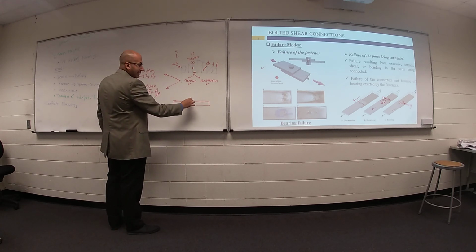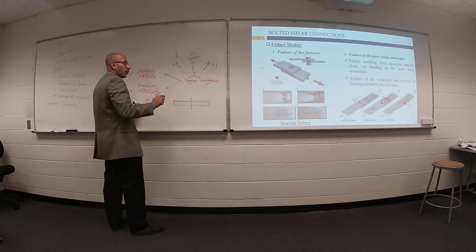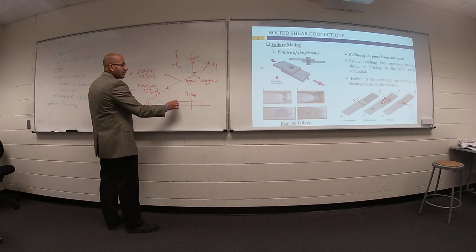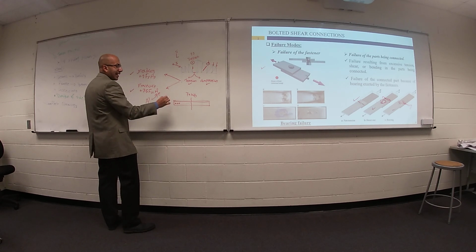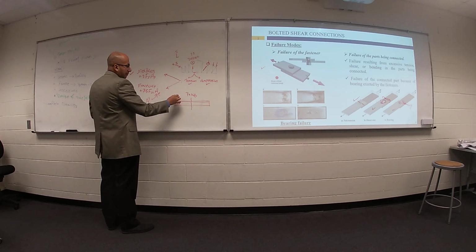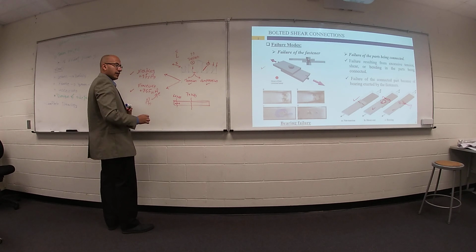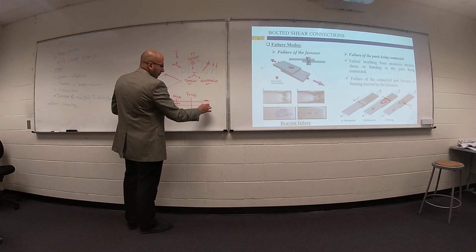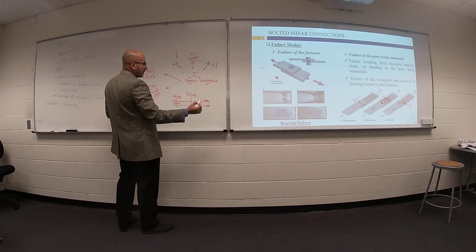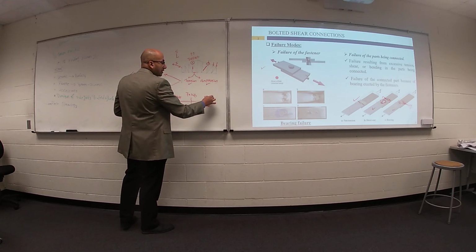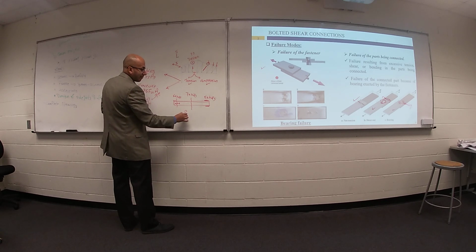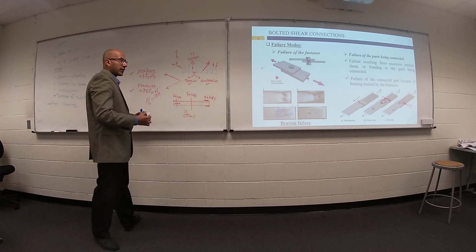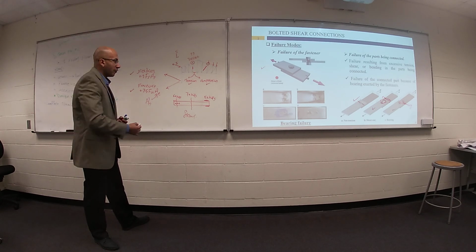This member at this location can support 70 kips. At this connection, your member can support 60 kips. At this connection, maybe a welded connection on the other side of your member, it can support only 50 kips. So finally, this member in this truss can support how much load? 50 kips.